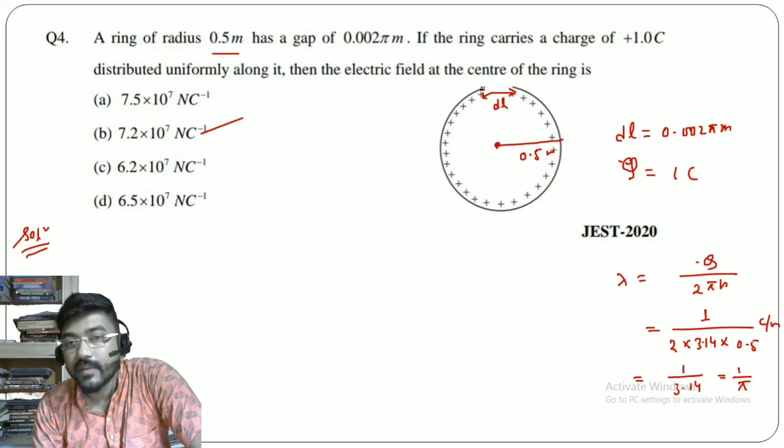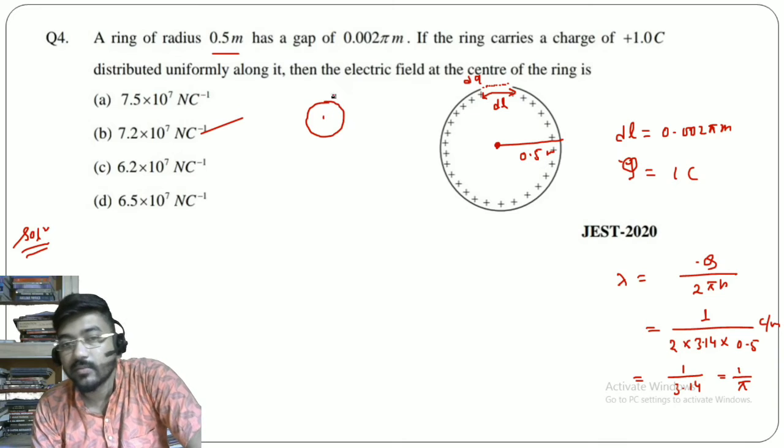So if we take this gap and assume it has the positive charge dq, then due to this whole ring the electric field here will be 0, as you know, electric field at the center of a ring is 0.